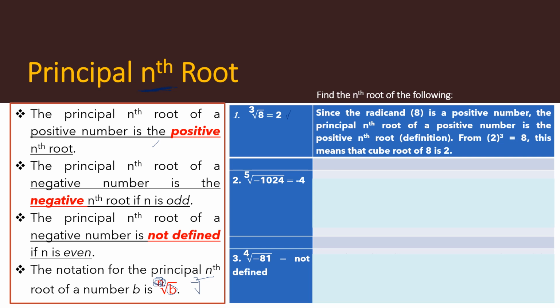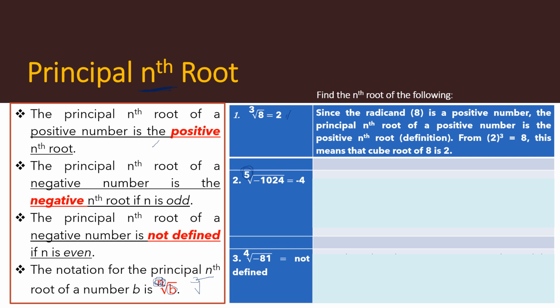Next, number 2, we have the fifth root of negative 1024, which is equal to negative 4. Take note, it says here the principal nth root of a negative number is the negative nth root if n is odd. Since n here is 5, an odd number, we take the negative root of 1024.